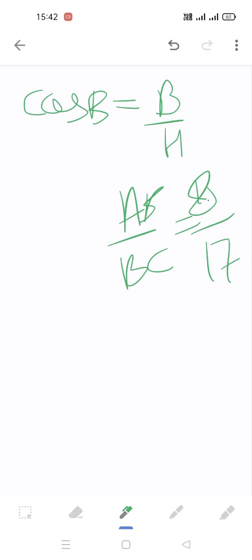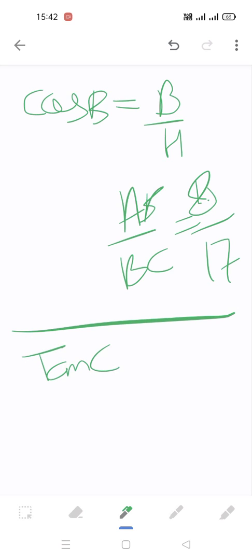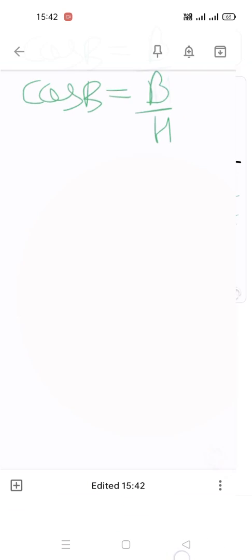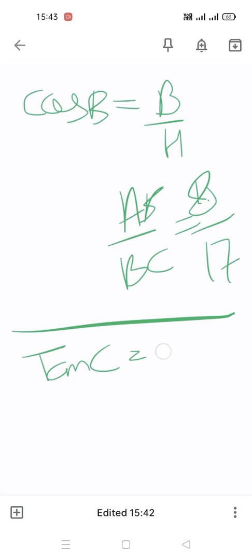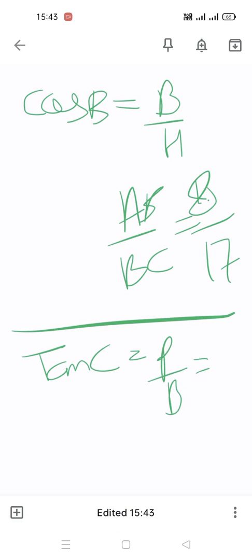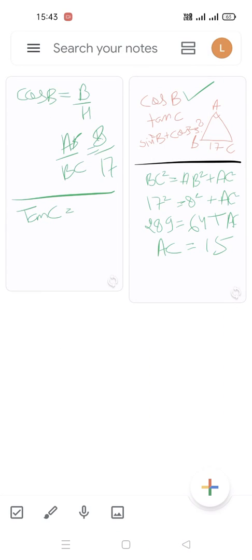This is cos B. Next is tan C. Tan C is perpendicular upon base. What is the perpendicular?